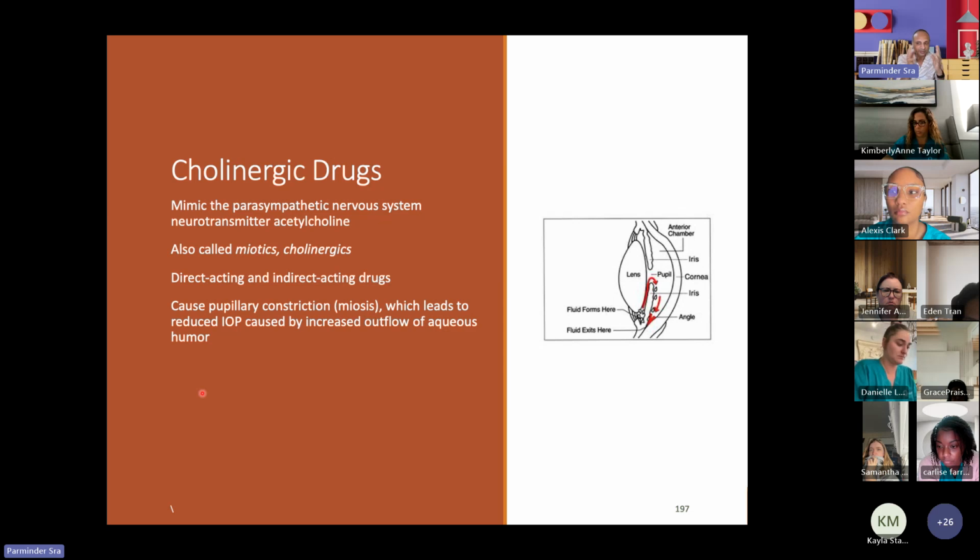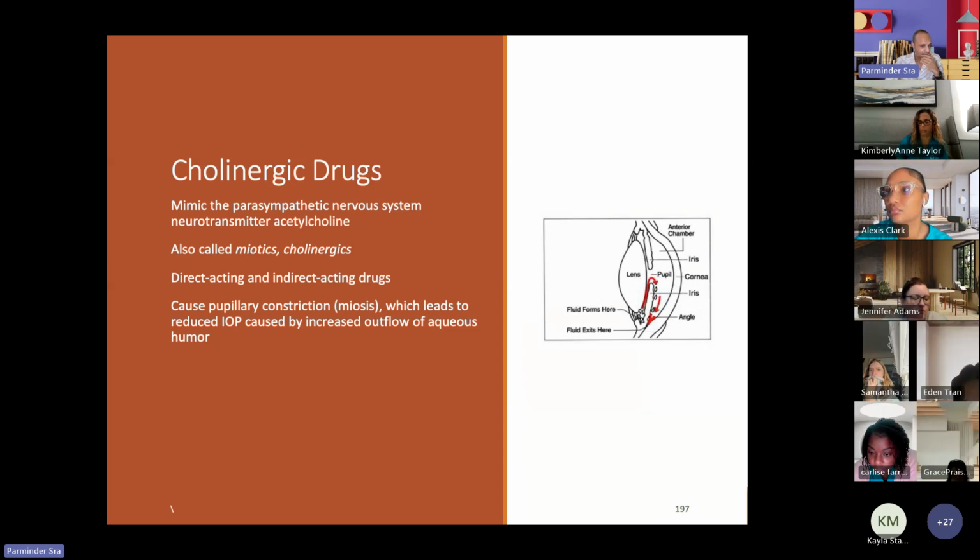Now, what are the examples? Pilocarpine, carbachol. These are common examples. So know the class, know how they work, and just know two or three examples under that.